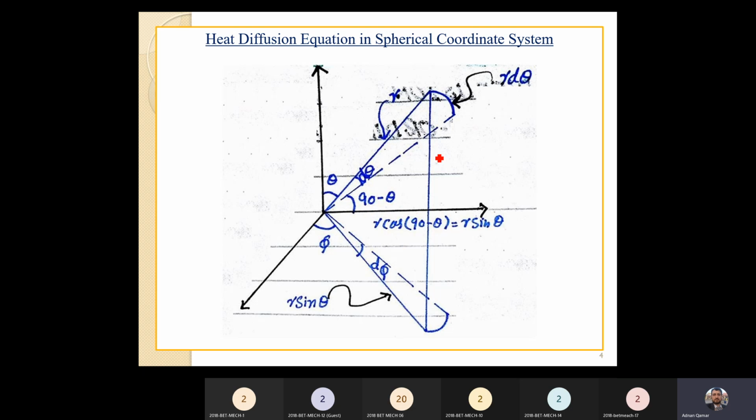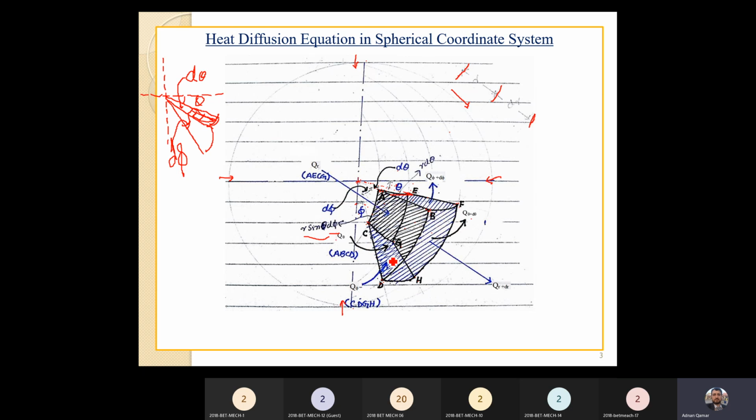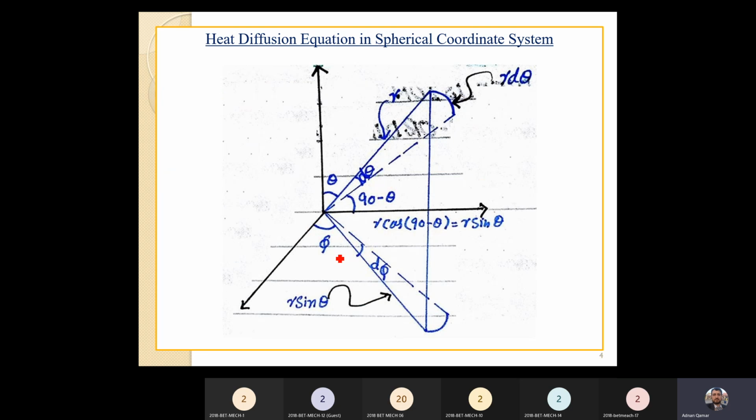This was some description given to mention why this is r sine theta, why this distance is from point center to here. This is why this is r sine theta. I have represented it in a separate line. This is the horizontal surface. This is the vertical surface.